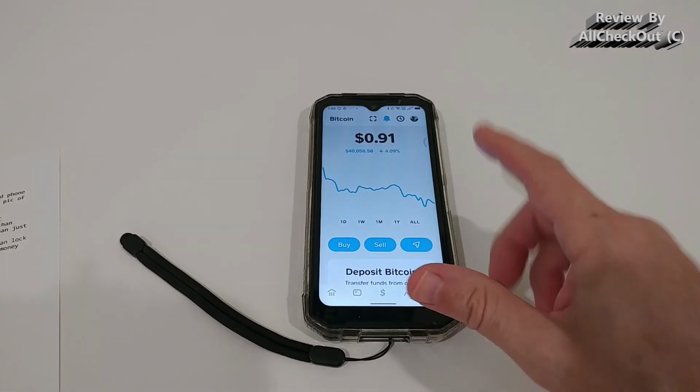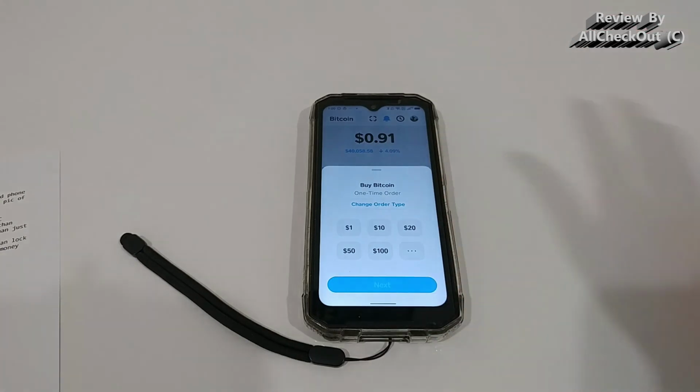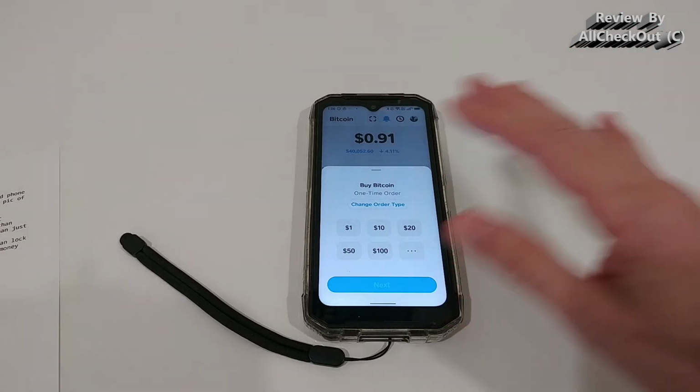And one thing, if you think you can buy it for very cheap, I mean, yeah, you can buy small amounts and it's not going to hurt you much. But if you think you can buy large amounts with very low commission, that's not working, because they are charging a 3% commission. Let's say if you want to buy for $1,000, it will cost you $30.